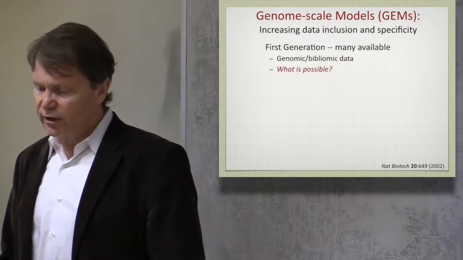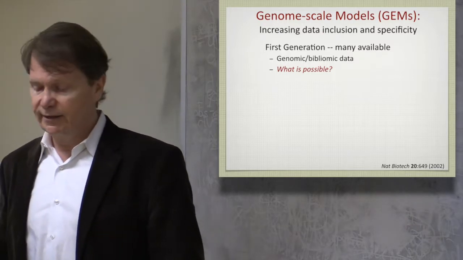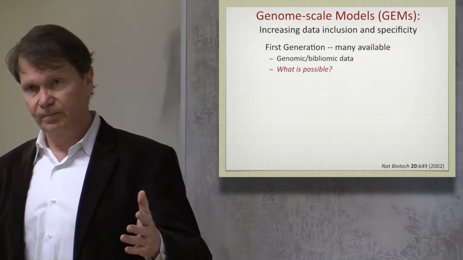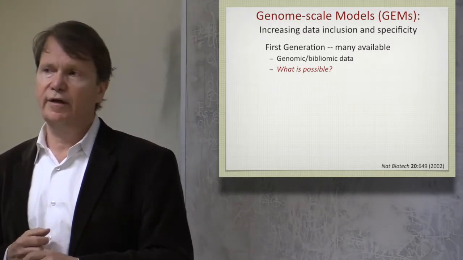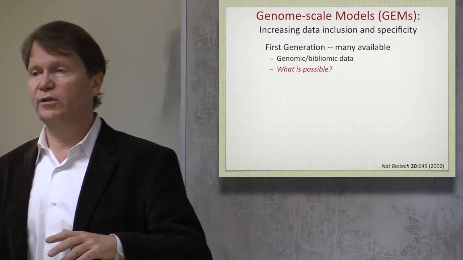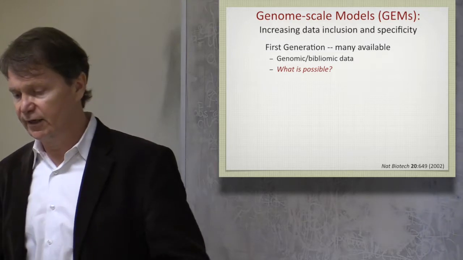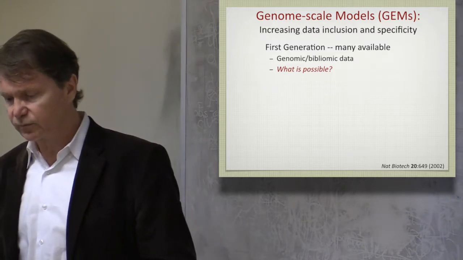The first generation of these constraint-based models is based on genomic data and bibliomic data, and they define that outer solution space. They can help you understand what is possible for an organism to do. They can answer that question, or more importantly, maybe what is not possible for an organism to do, and distinguish between these two possibilities.